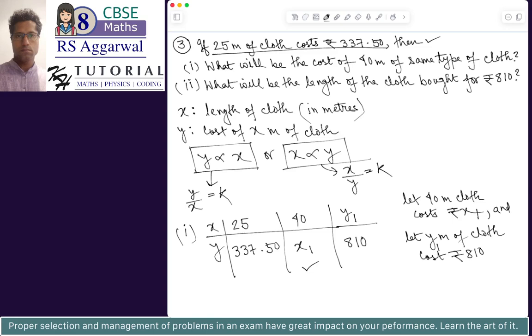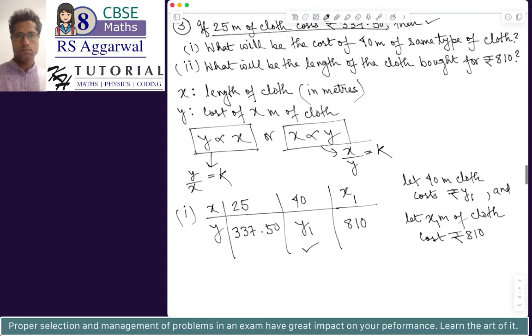So let 40 meter cloth cost rupees y1, and let x1 meter of cloth cost rupees 810. So this will be y1, and this will be x1.